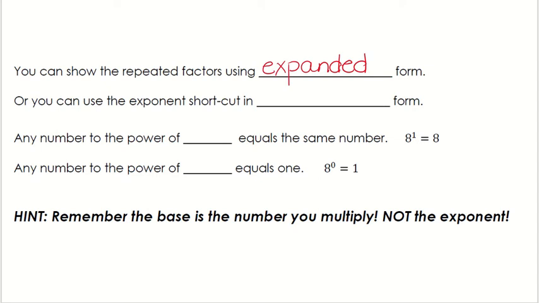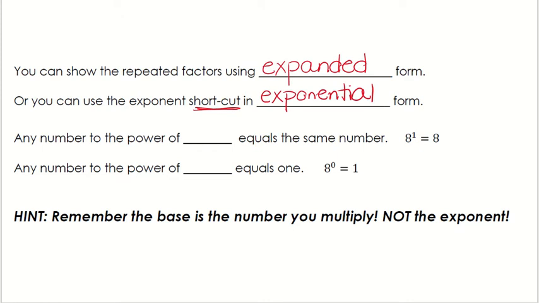Or we can use the shortcut, the exponent shortcut, in what we call exponential form. This is the most efficient form, so that's why we have exponents, because who wants to write 100 to the 100th power? You would have to write 100 times. That's crazy. So we have this shortcut to help us be lazy, honestly.